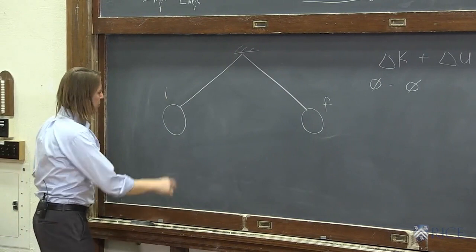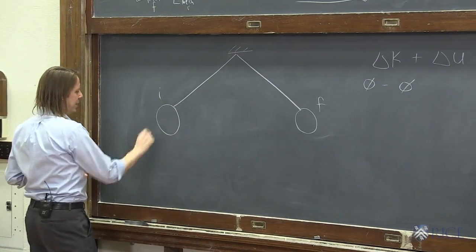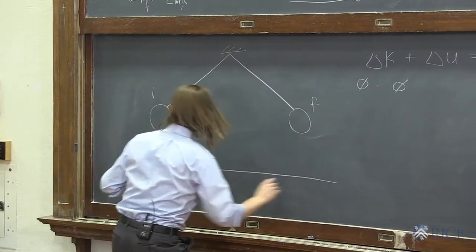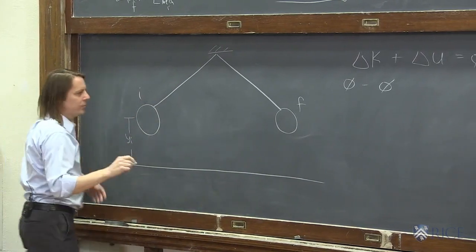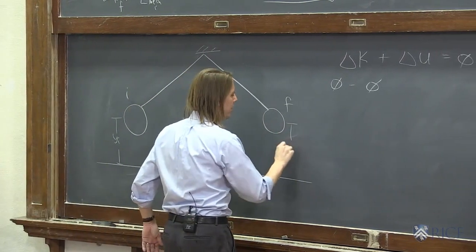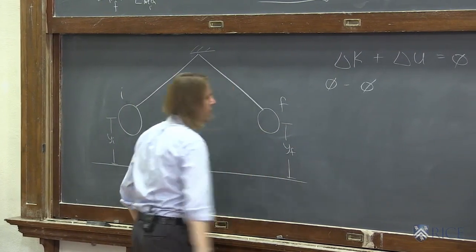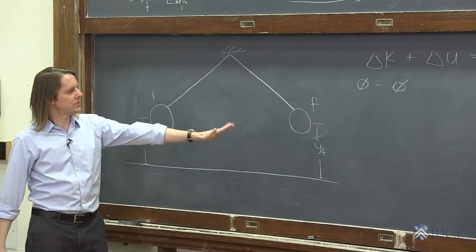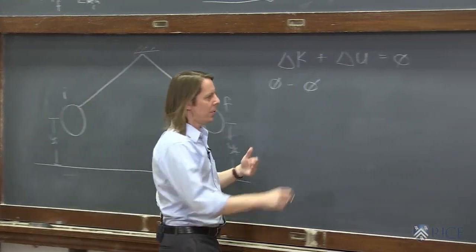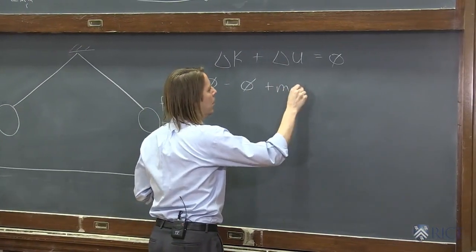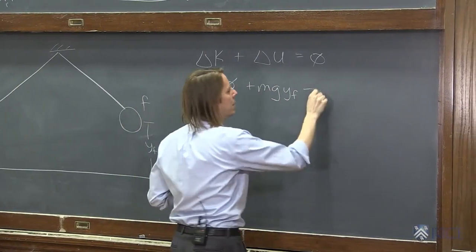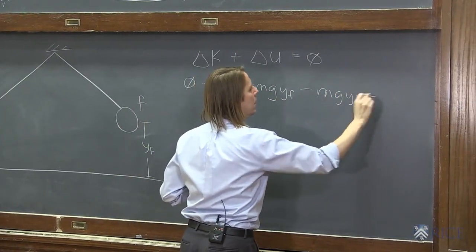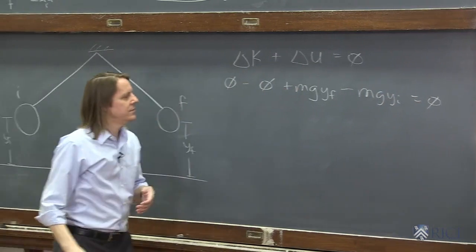For the height, we'll say we started it above the ground at some height yi, and it's going to end up at some height yf. So the potential energies, our final is mgyf minus initial mgyi. And all that has to equal 0.